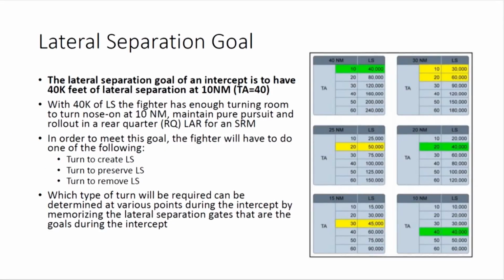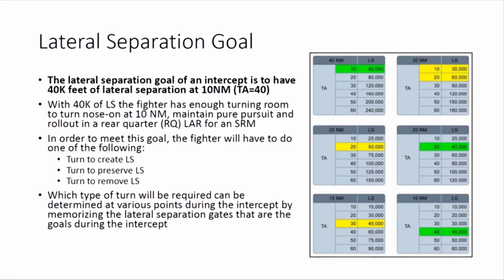So let's talk about our lateral separation goal. It really boils down to this. The goal of an intercept is to arrive 10 nautical miles from the bandit with 40,000 feet of lateral separation. That is our ultimate goal in our airborne intercept.